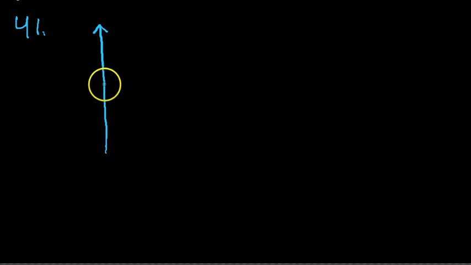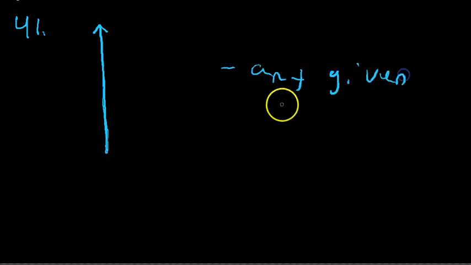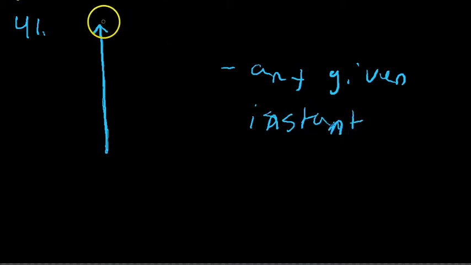Okay, so let's think about this. We had a graph in the previous video. Instantaneous speed is the speed at any one moment, any given instant, right? So at the top of our path, eventually it's going to go down too.